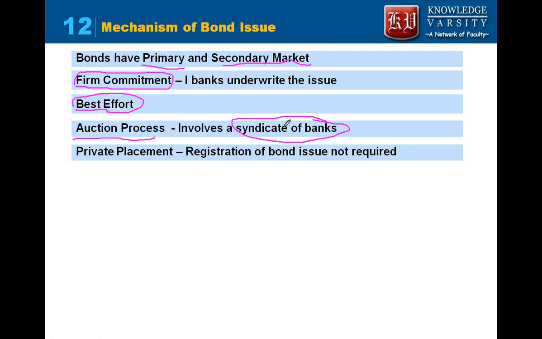Whenever a bond is being issued, it has to be registered, but a company can do a private placement, where the bond is only placed with big institutions or high net worth individuals. In this case, the registration of the bond is not required. This will result in lower cost to the issuer. So similar to the equity market, you have this bond issue also.